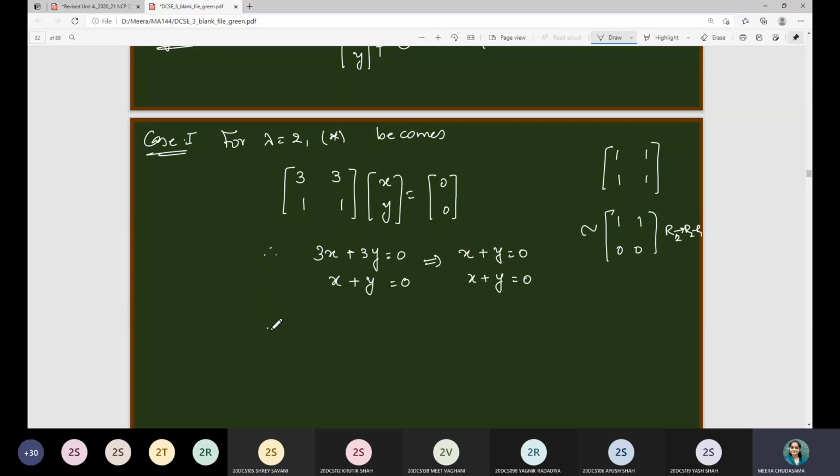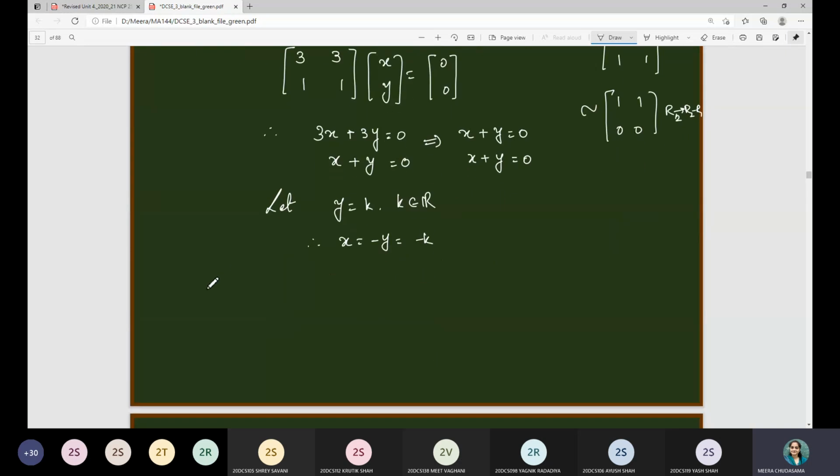Now from this I can say I have to choose y as some scalar quantity k belonging to R, and therefore x is equal to minus y, that is minus k. In that case, capital X, which is the eigenvector corresponding to lambda is equal to 2, that is x, y, is nothing but k times minus 1, 1.